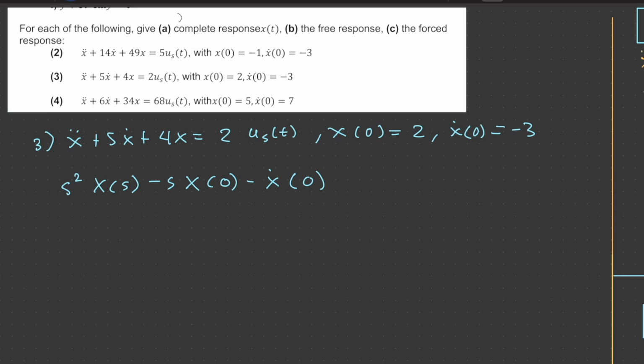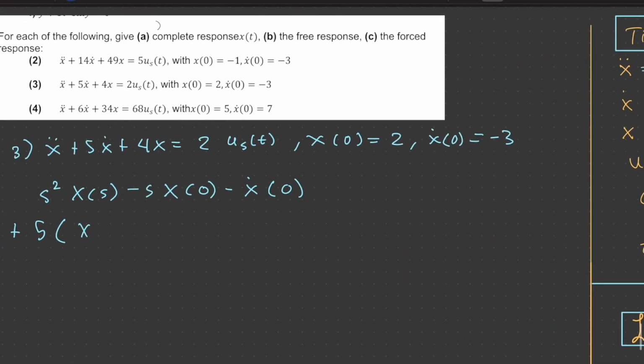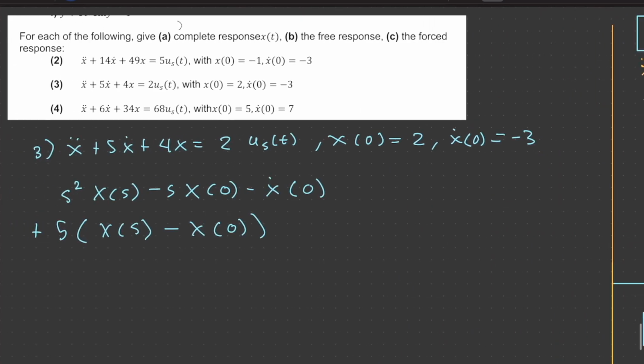So plus 5 times s x of s minus x naught. Okay. And then plus 4 x of s. That's all equal to 2 over s.